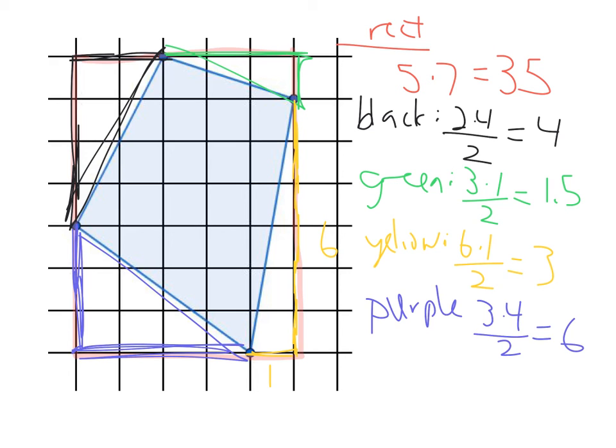Now that makes this shape inside 35 minus, I'll do the same way I did last time, 4 minus 1.5 minus 3 minus 6. So 4 and 6 make 10, and 3 more is 13, so 14. So that's 21, and then a half more, so 20.5 would be the area of my blue shape.